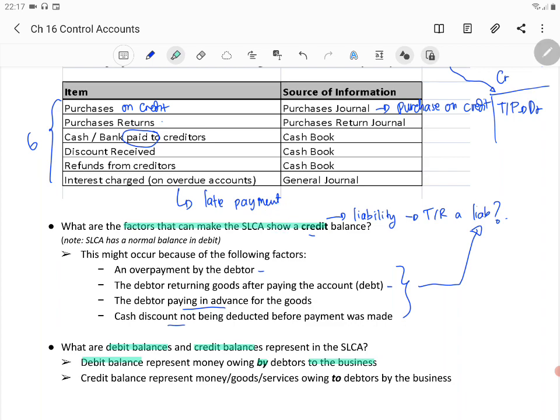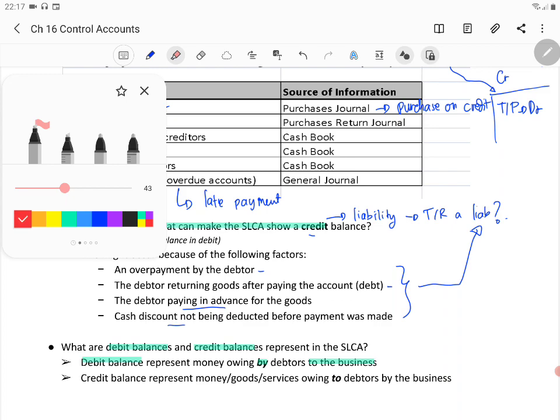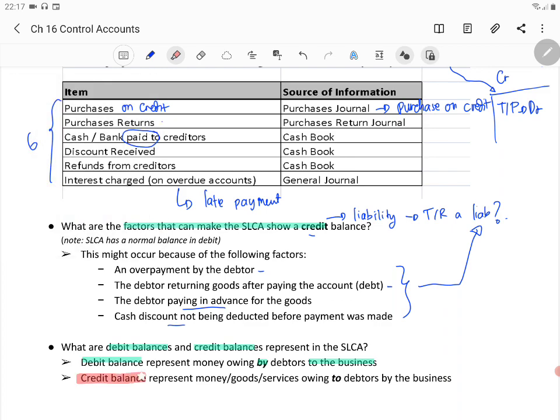But if a credit balance appears, it represents money, goods, or services owing to debtors by the business. So the business now has liabilities to the debtors in terms of money or goods or services, because of this situation. Okay, next.